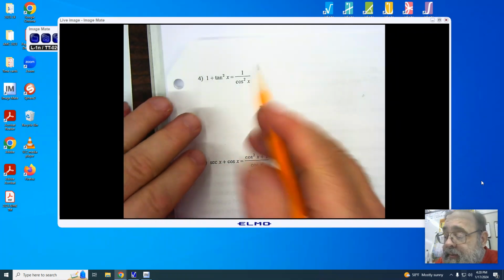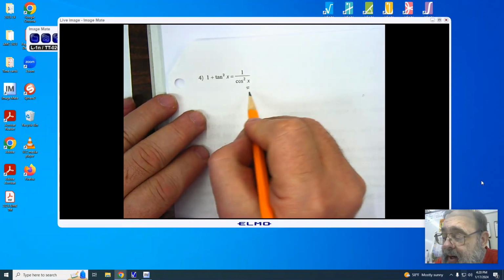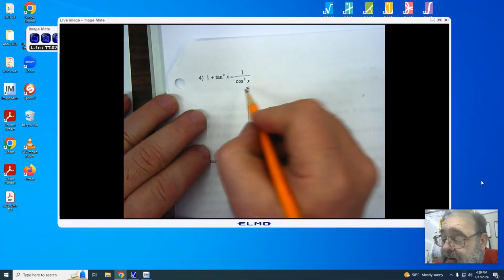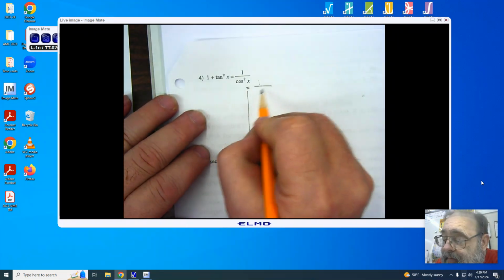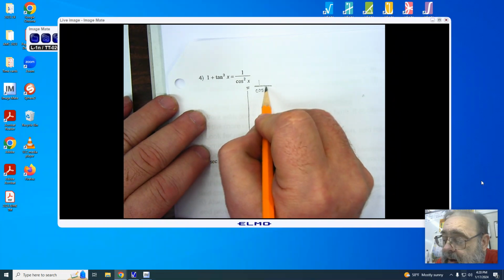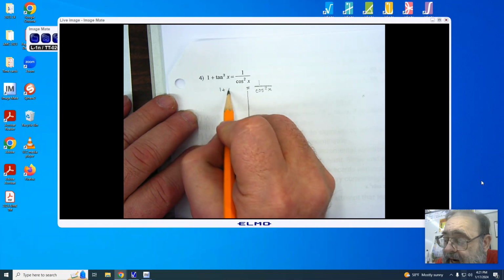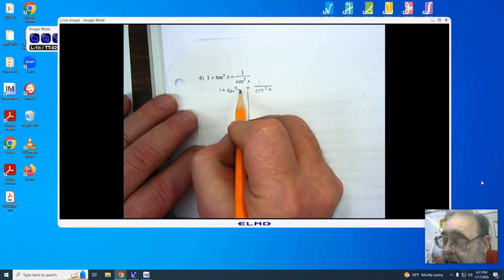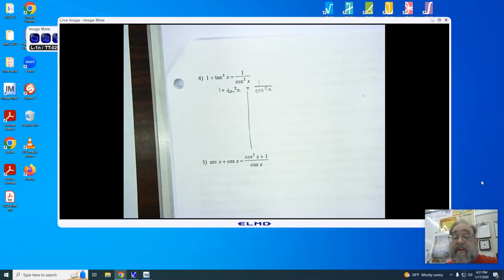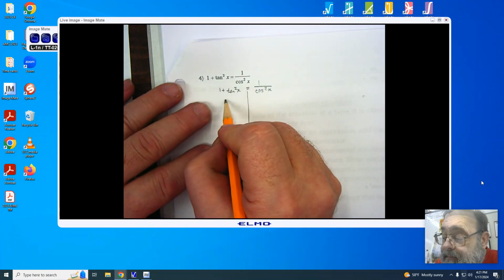And what I'm going to do is make sure my equal sign is in the middle and the line underneath it. On the right, I'm going to have the 1 over cosine squared x. On the left, I'm going to have 1 plus tangent squared x. And we know that 1 plus tangent squared x is really secant squared x.